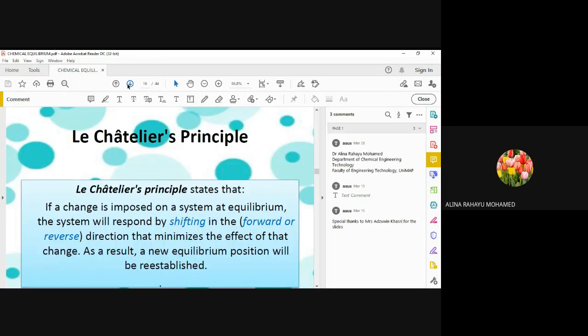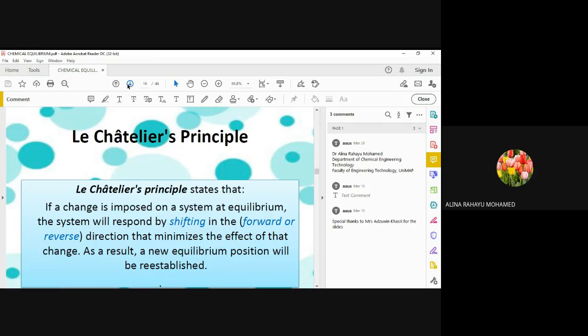Okay, Le Chatelier's principle. If a change is imposed on a system at equilibrium, the system responds by shifting in the forward or the reverse direction in a way that minimizes the effect of that change. As a result, a new equilibrium position will be re-established. So Le Chatelier's principle deals with the change of the equilibrium.